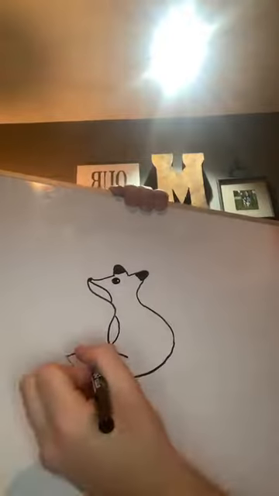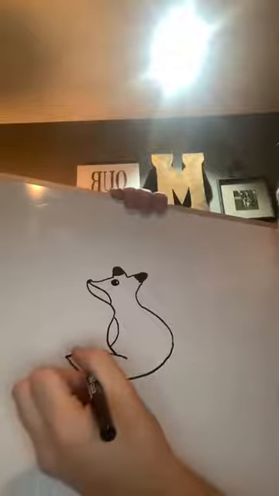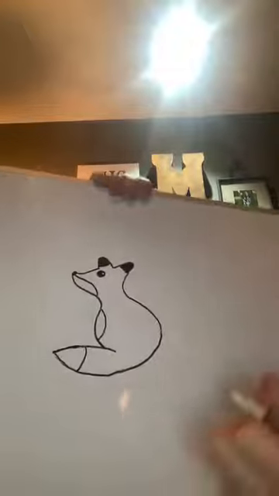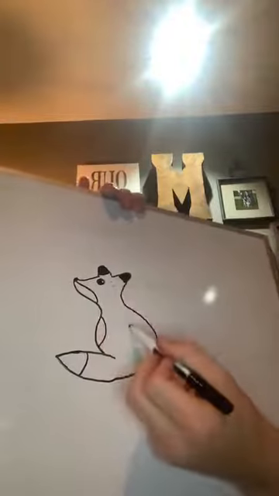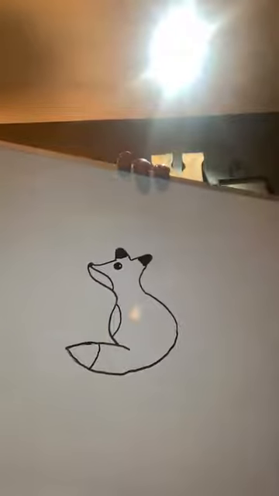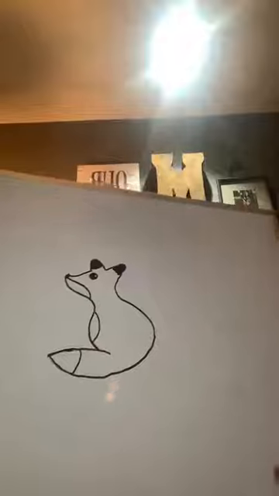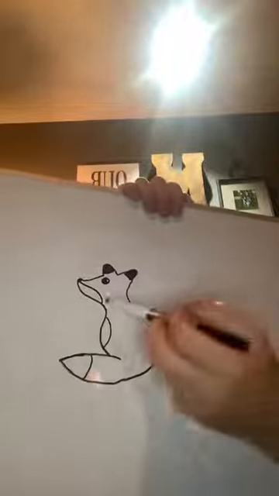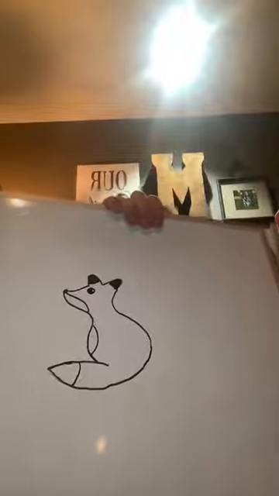And then for the tail, need to fix the tail a bit. Just create a little line right there. And then here, on that main part, you can shade that in whatever color you want. The fox, usually orange, so if you could shade it in orange, that'd be awesome. That'd look pretty good.